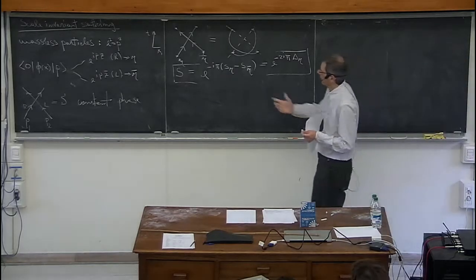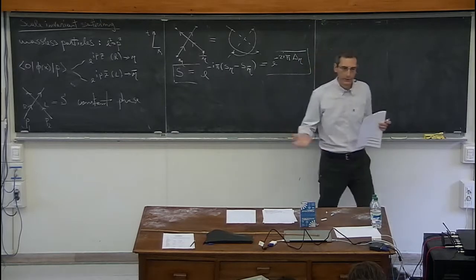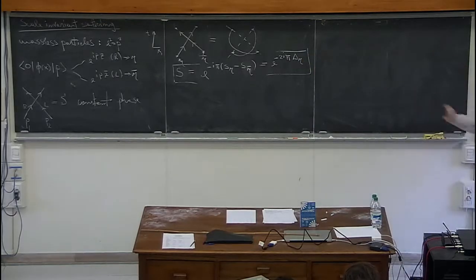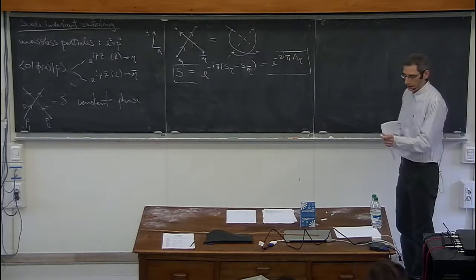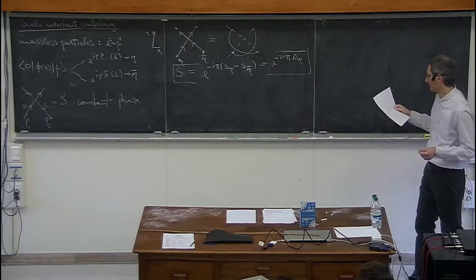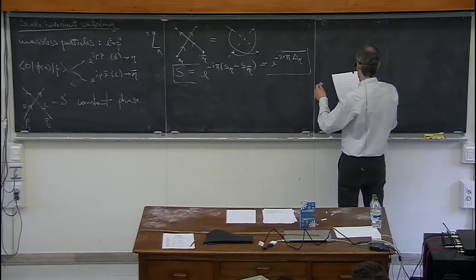Now, first of all, since this is a particular case of what we saw yesterday, we can write, for this particular case, the equations of unitarity and crossing that we had yesterday. And they will look like this.